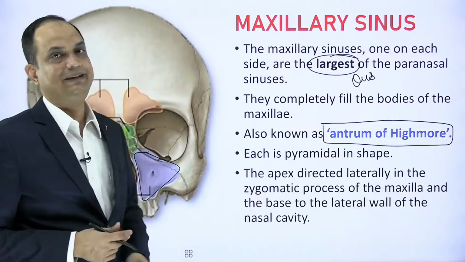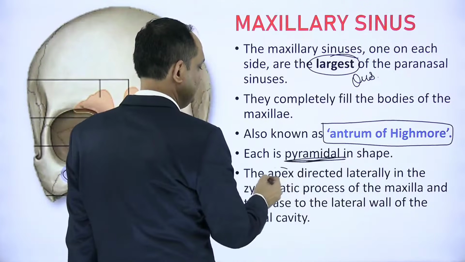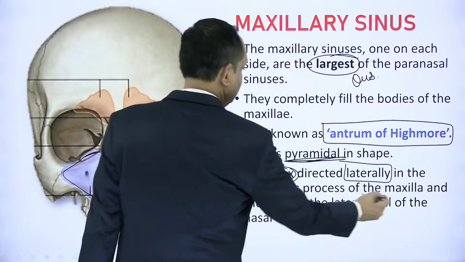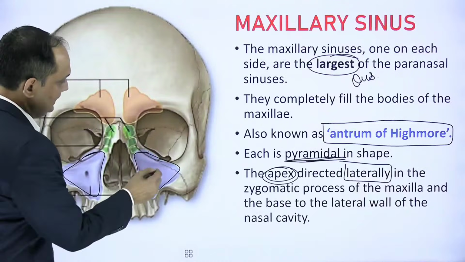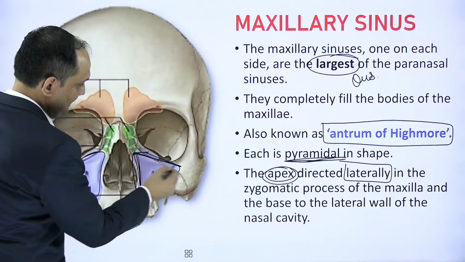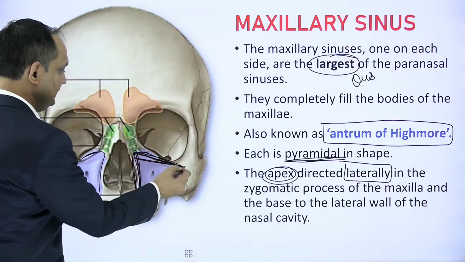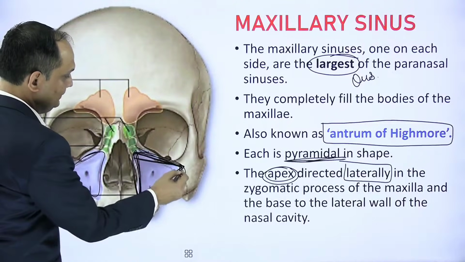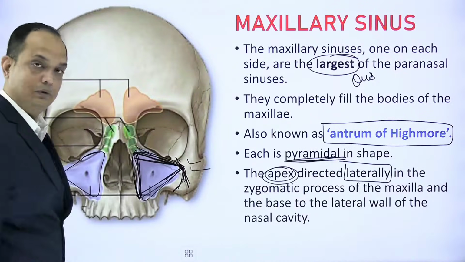Now, each maxillary sinus is pyramidal in shape, and the apex is directed laterally towards the zygomatic process of the maxilla. In this diagram, you can appreciate that this is the base of this pyramid and this is the apex of the pyramid. This apex is facing laterally, and this is the zygomatic part of the maxilla, which is going to articulate with the zygomatic bone.